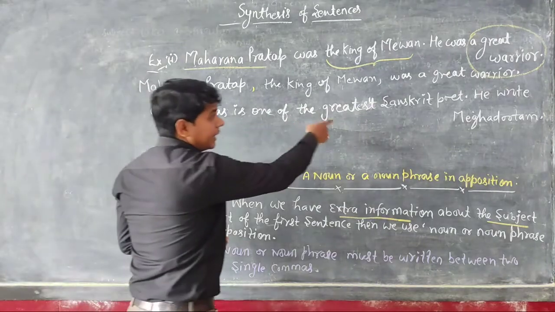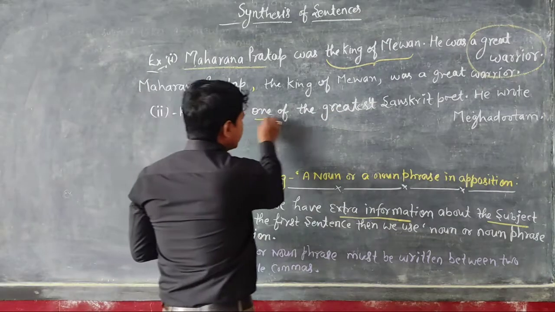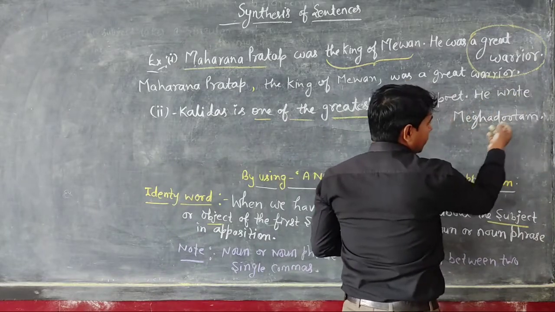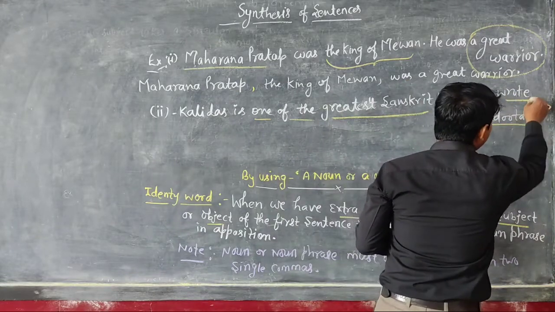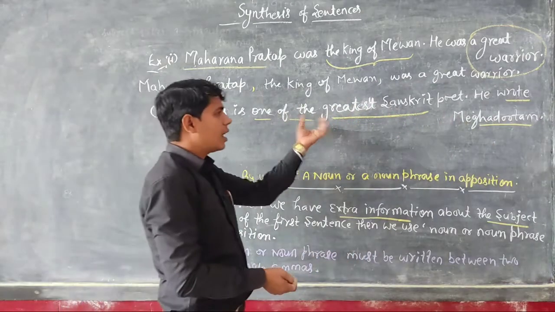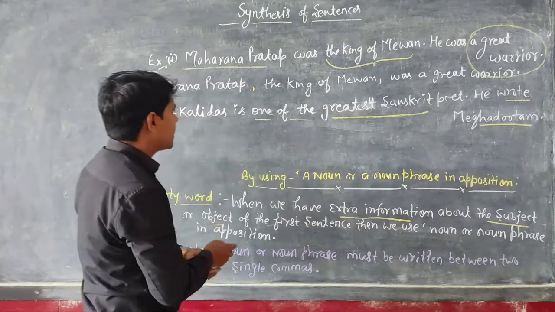Now see the second one. Kalidas is one of the greatest Sanskrit poets. This is additional information about Kalidas. He wrote Meghdootam. This is also additional information about Kalidas. So you can make this one or this one a noun phrase.